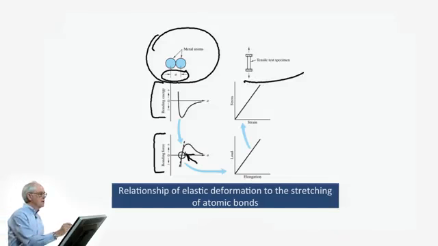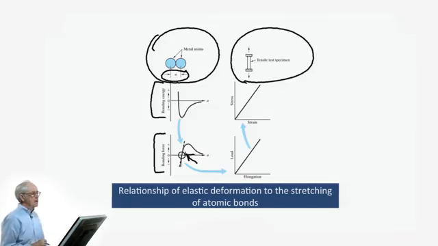So when we have this tensile test specimen, down on the atomic scale, we're just trying to pull atoms apart. And of course, in the initial going, we're just simply increasing that bond length by a very small fraction.